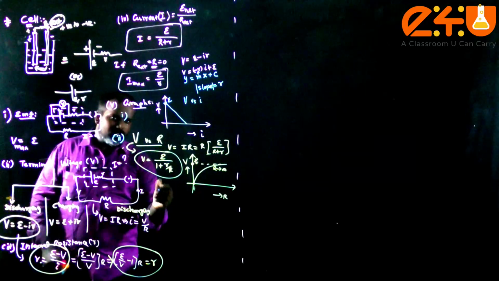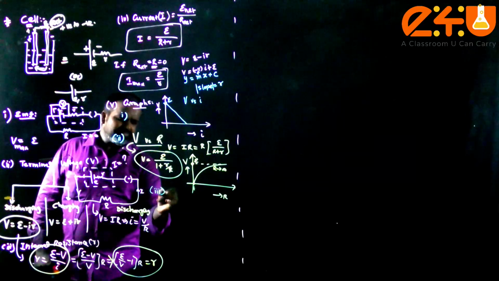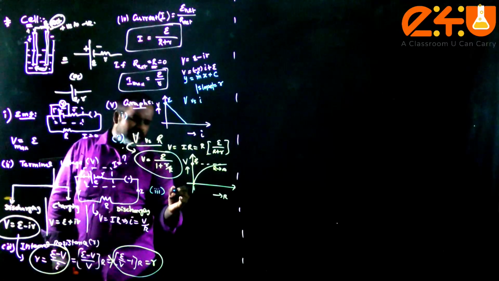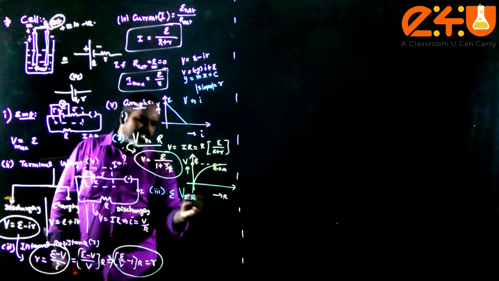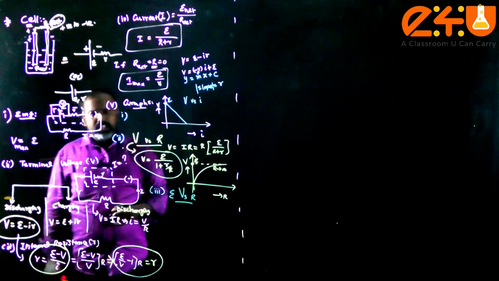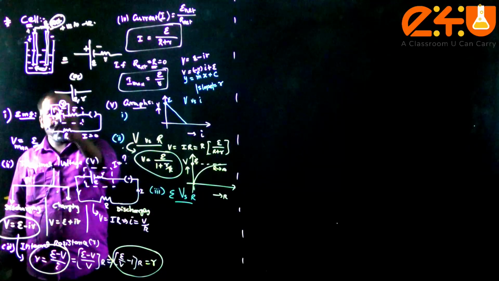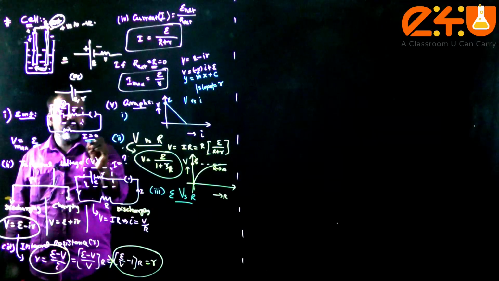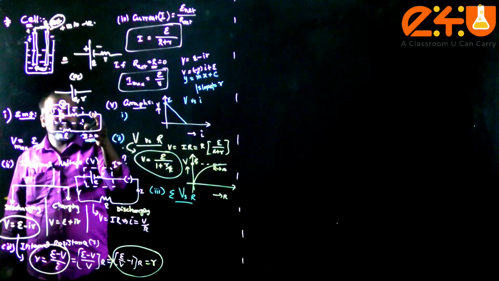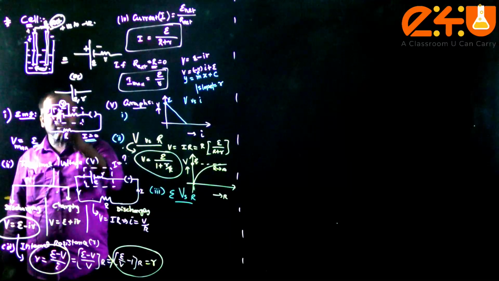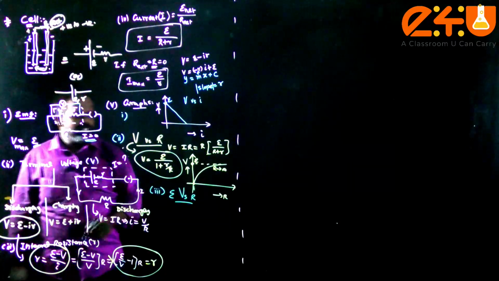The third one we are going to discuss is EMF versus external resistance. What does EMF mean? The potential drop across the terminals of the cell when there is no current flow. That means the circuit is open, so the resistances are not included here.